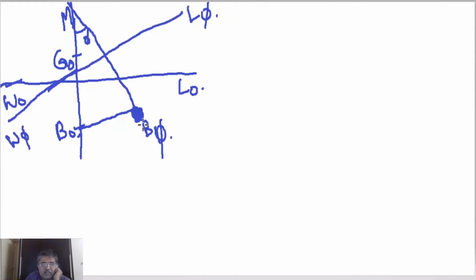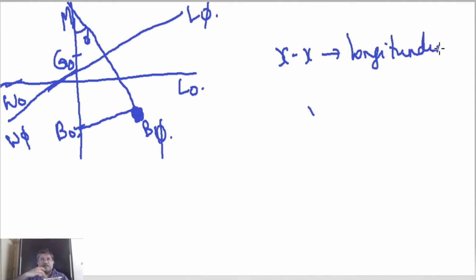One more thing before we go into that. There are three directions for a ship. If the ship is like this, this direction is known as the longitudinal direction. The XX direction is known as the longitudinal direction.